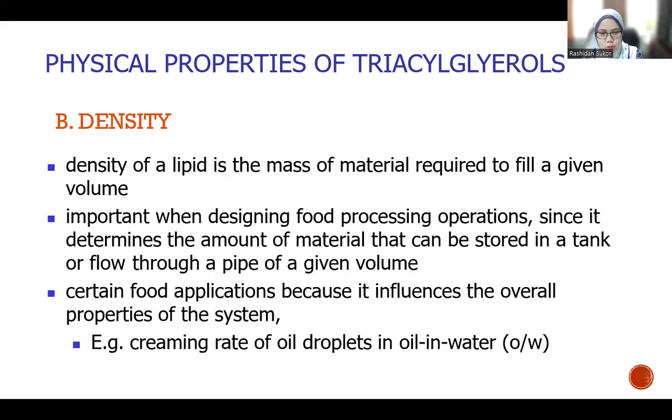You have to see whether your emulsion is oil in water or water in oil. This will also affect all the properties of the food system. So this statement is explaining this food application: when we make an oil in water system in an emulsion, the creaming rate is affected by the density of the oil.